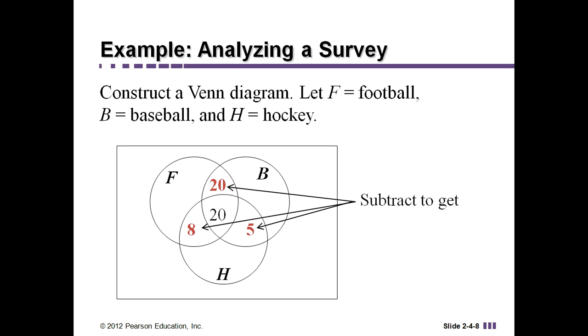Now we want to figure out how many people like each pair of sports based on our numbers. There were 40 people that liked football and baseball.